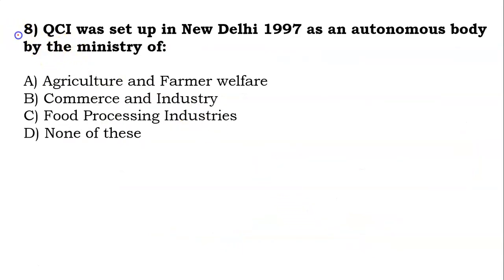Now our eighth question is: Quality Council of India was set up in New Delhi in 1997, and it is an autonomous body under the Ministry of, your options are Agriculture and Farmer Welfare, Commerce and Industry, Food Processing Industry, or none of the above.